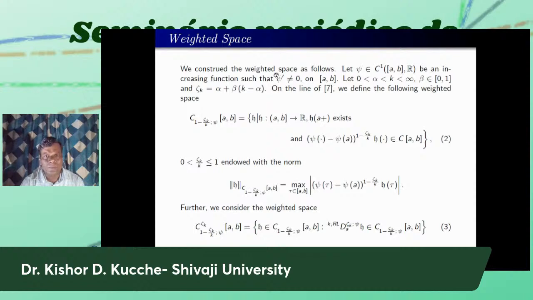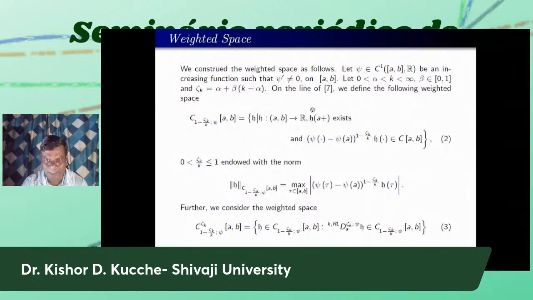Okay, so for alpha, k between 0 and infinity, considering alpha is less than k, beta between 0 and 1, we have defined this number psi zeta k, which is alpha plus beta into k minus alpha, and we have considered this weighted space, which is defined on the line of paper 7, which is again the paper of Souza and Oliveira.